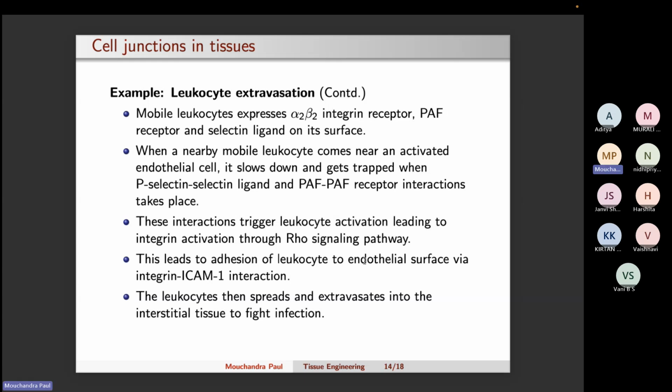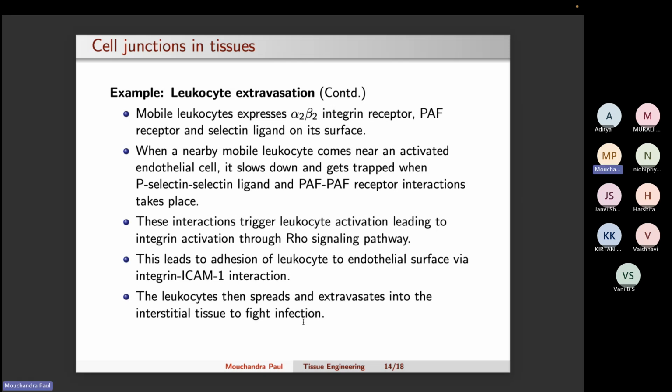Upon activation, these integrin molecules can go and bind with the ICAM1 family of protein that is there on the endothelial surface. So once interaction has taken place, the leukocytes can adhere on the endothelial layer and then extravasate into the interstitial tissue to fight the infection.